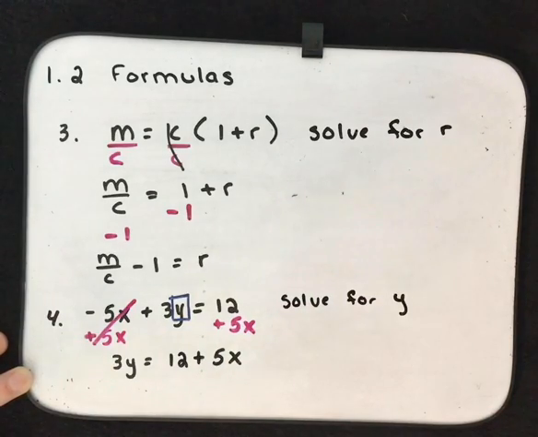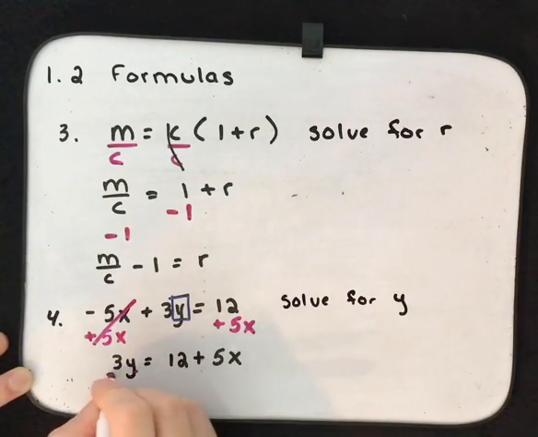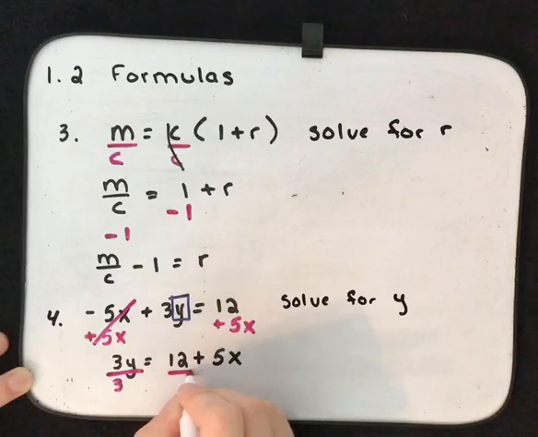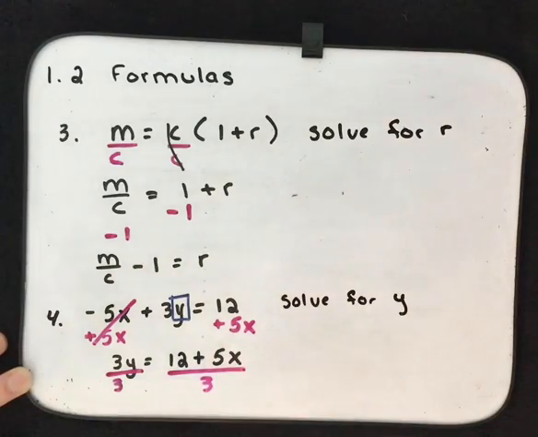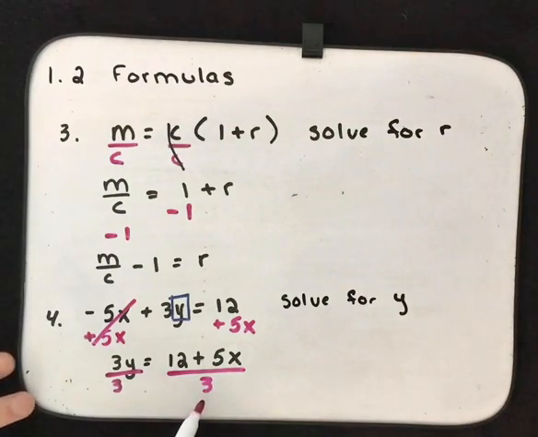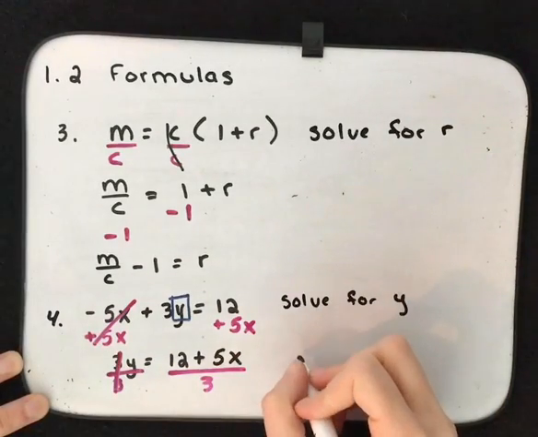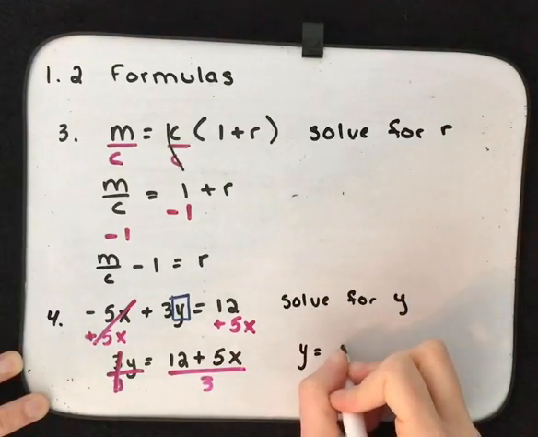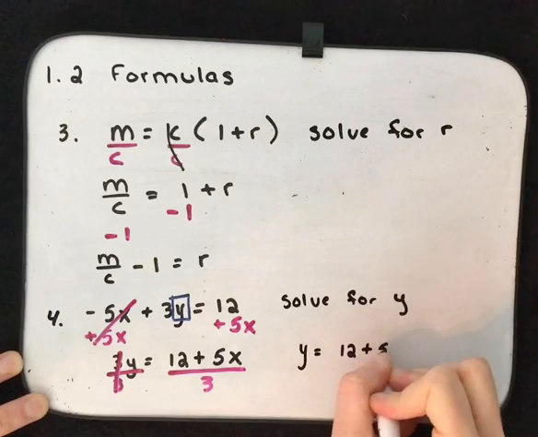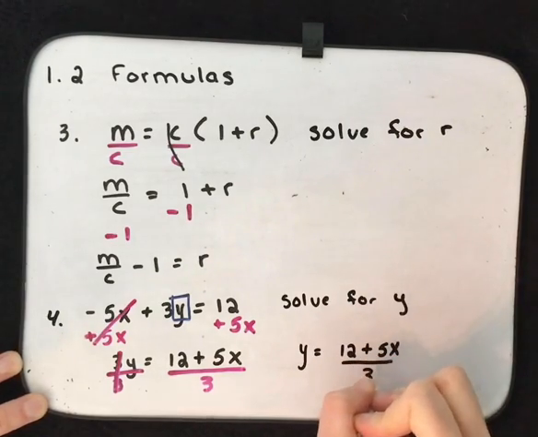Now I don't want 3y, I just want y. To undo our multiplication, we use division. When you use division, make sure you divide the whole side. We're dividing this whole side by 3, so we have to divide this whole side by 3. 3 over 3 cancels to 1, so then we're left with y equals 12 plus 5x all over 3.